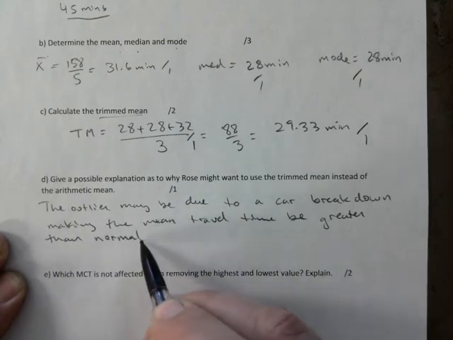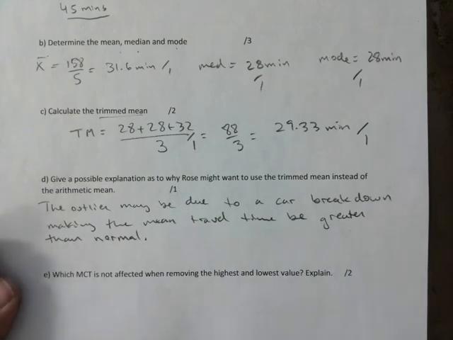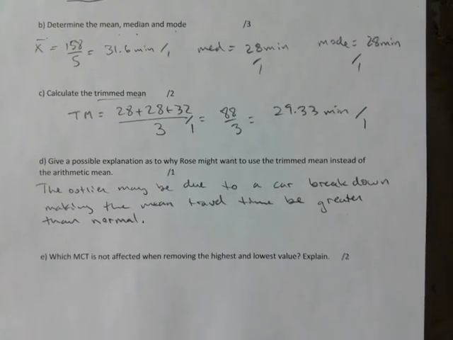You make some kind of reference that the outlier is pushing my average higher, and that's why she would want it trimmed, because it's not an accurate representation of her commuting time.